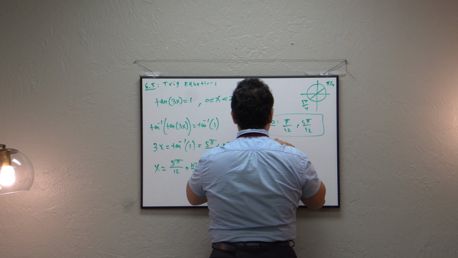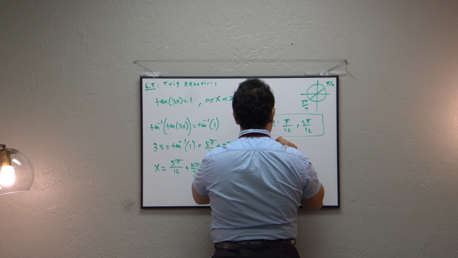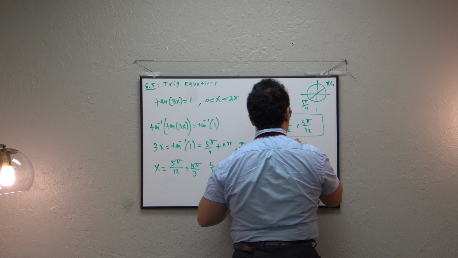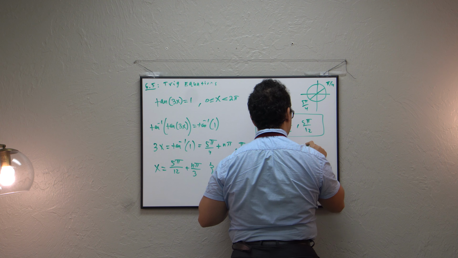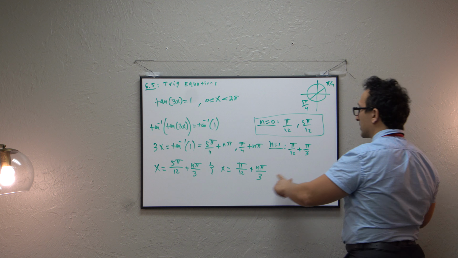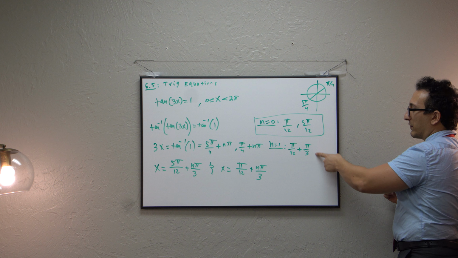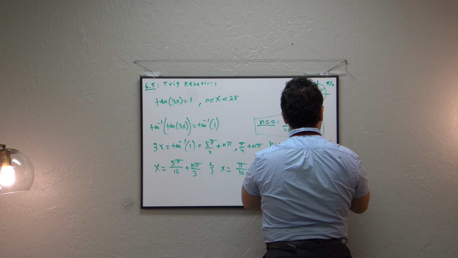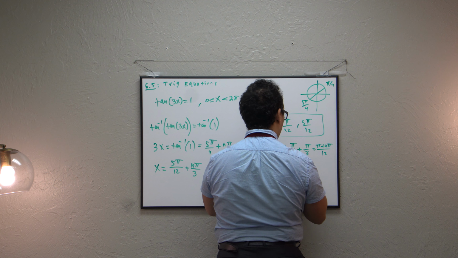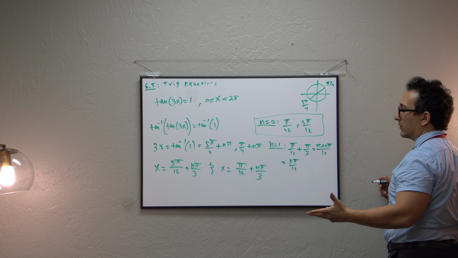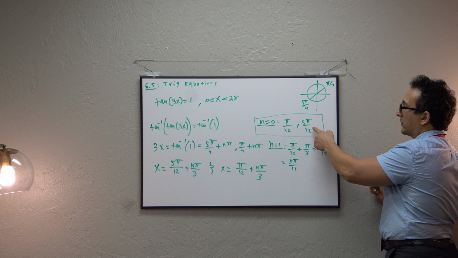Let's continue. What about n equals 1? Here we would have pi over 12 plus pi over 3. This is going to be another answer, and let's see what it is. We multiply top and bottom by the fancy number 1, let's say 4 over 4. Then we get pi plus 4 pi all over 12, which equals 5 pi over 12. That is a redundant value, so we don't need to list it; we've already found it.